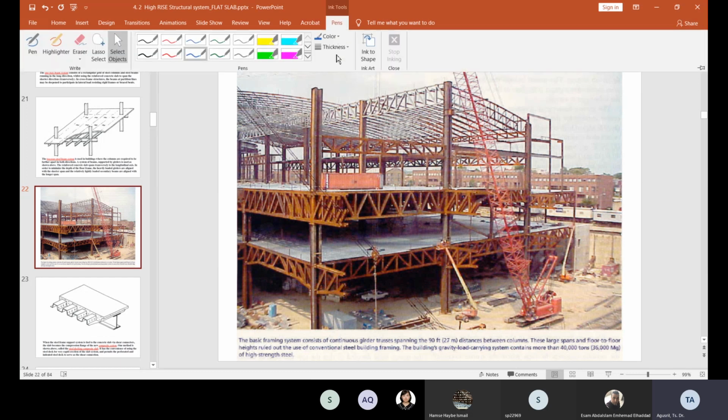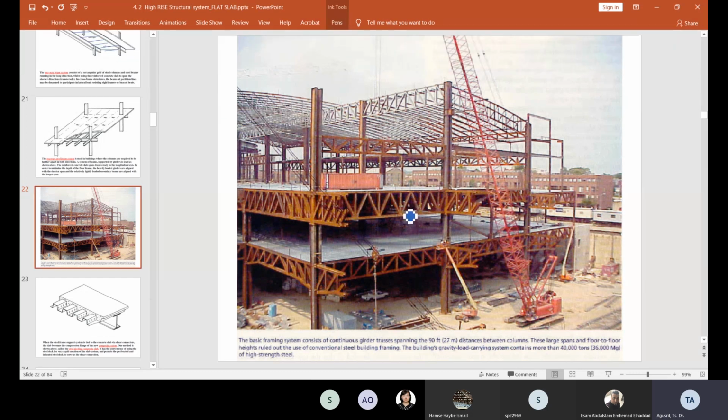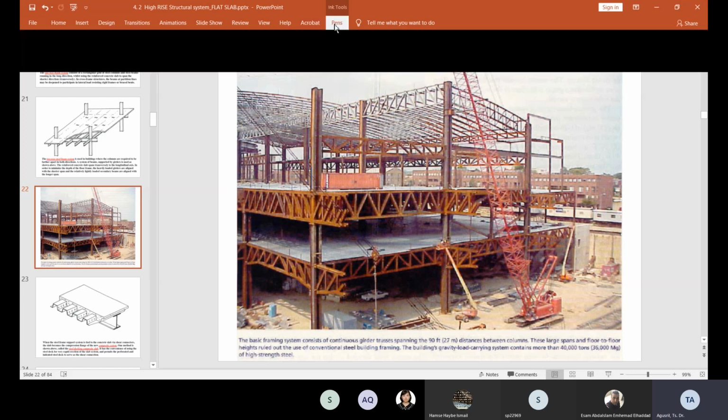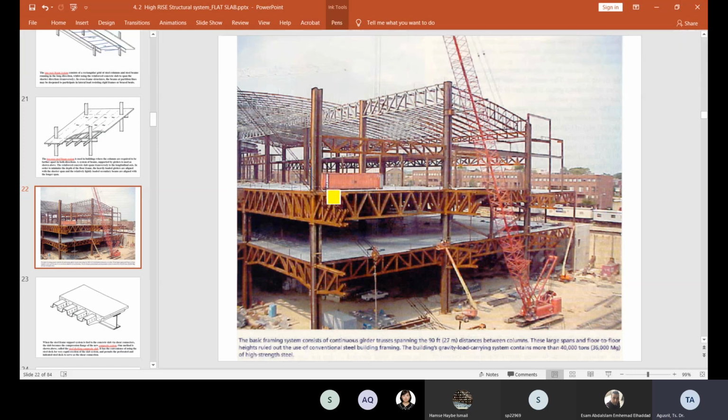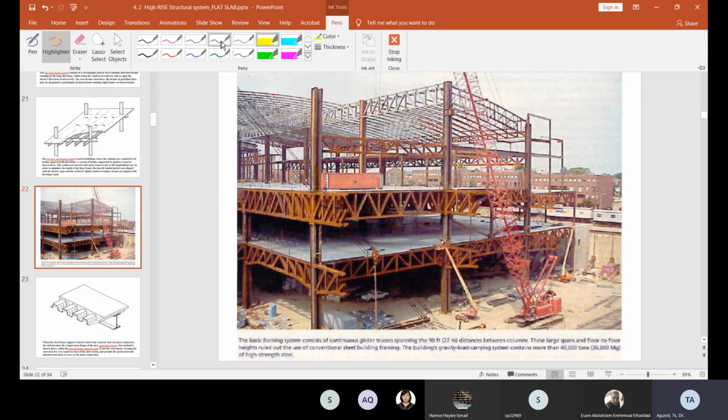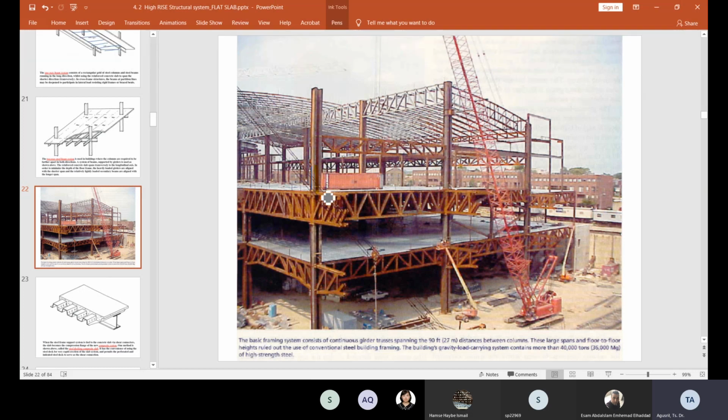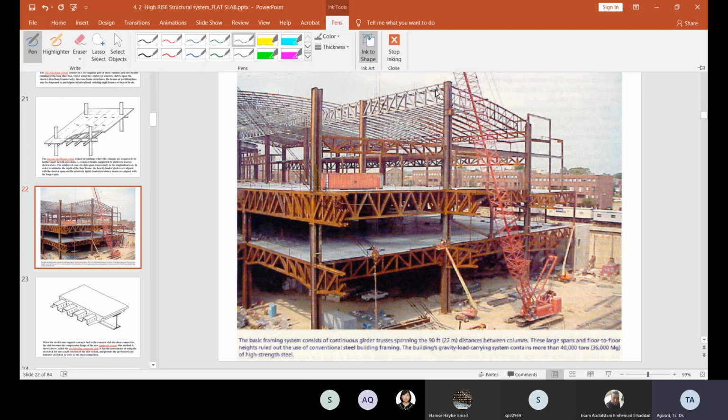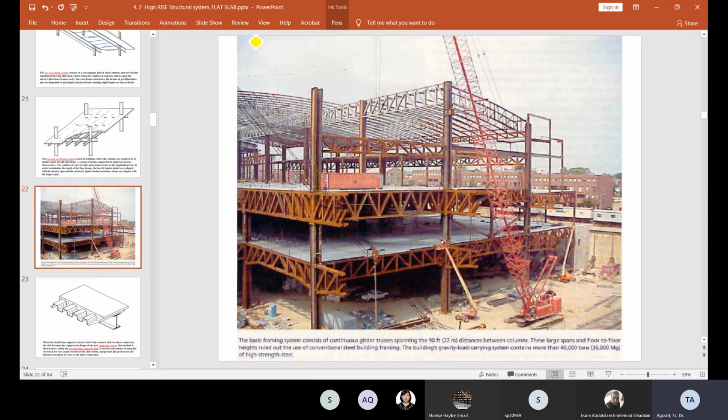Okay, so the bending. Because I put in a different color, I think the color yellow. Because this is the bending moment, we need to support it with this beam.